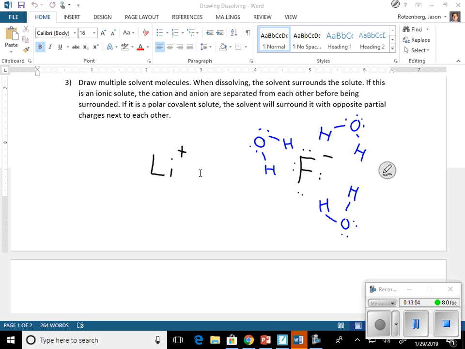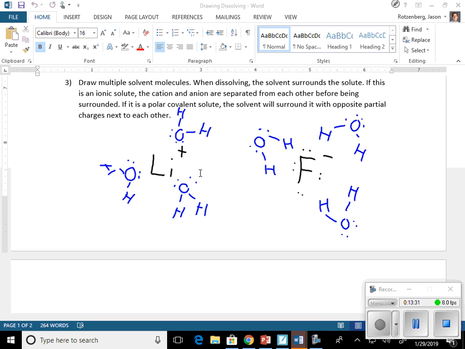I would say a minimum of like 5 or 6. We usually accept as long as you put 3 solvents around. You notice how my oxygen end is around the lithium ion? This would be drawing the dissolving of lithium fluoride.